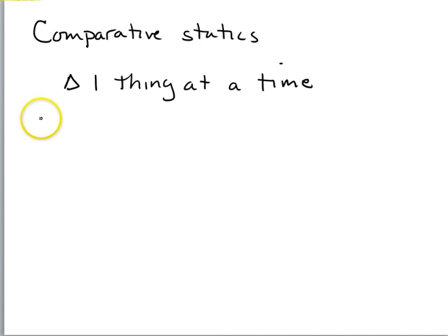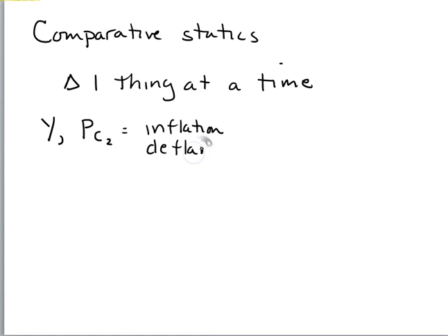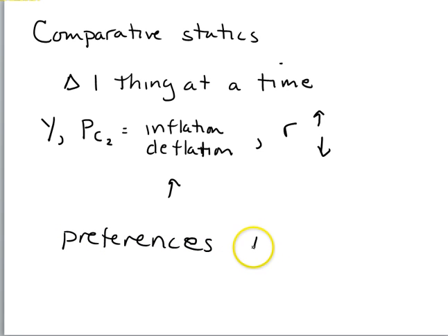We've changed income, we've changed prices of goods in year two, either expecting inflation or deflation, and we've changed the interest rate, either increasing the interest rate or decreasing the interest rate. And of course, any of these comparative statics will depend on the change in these things and your preferences.